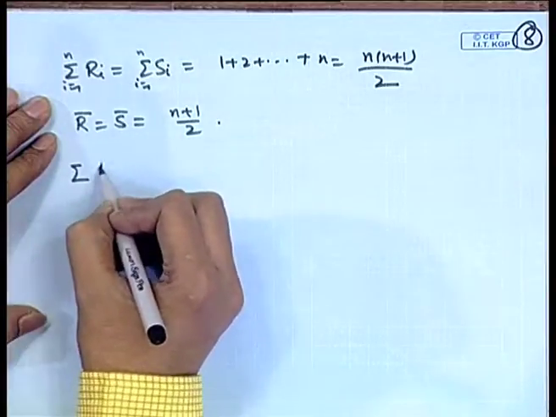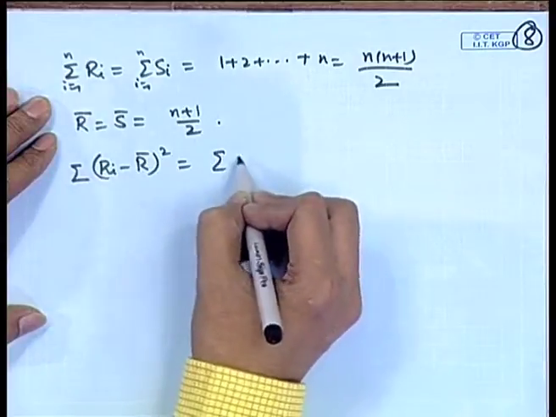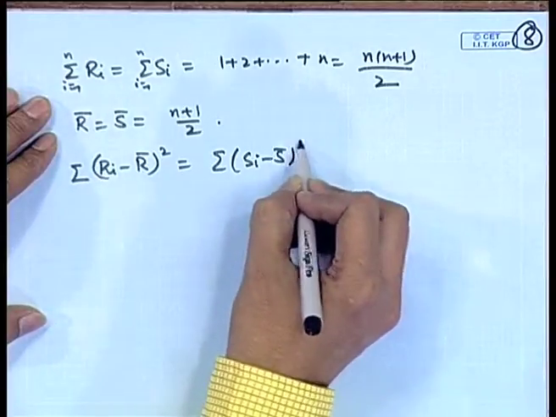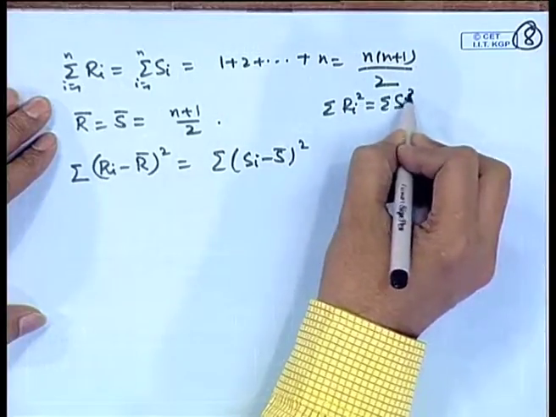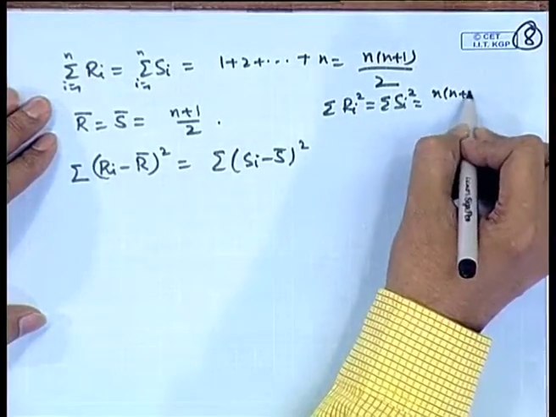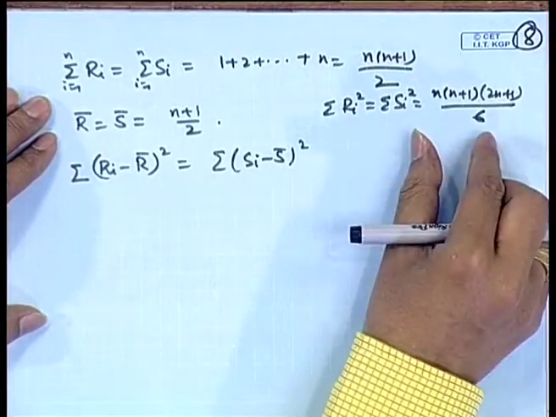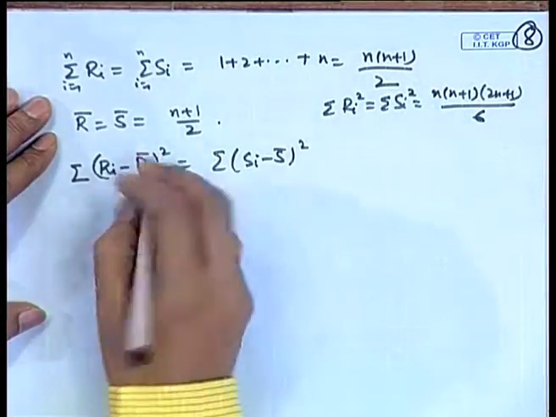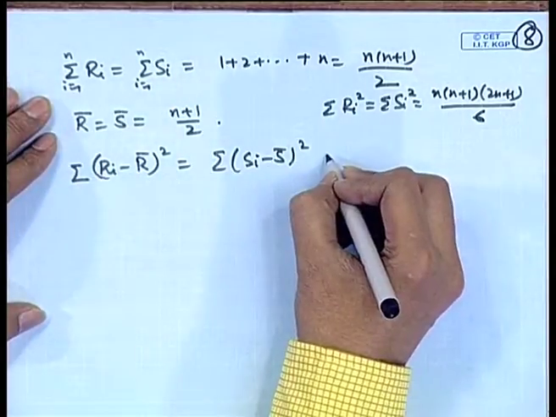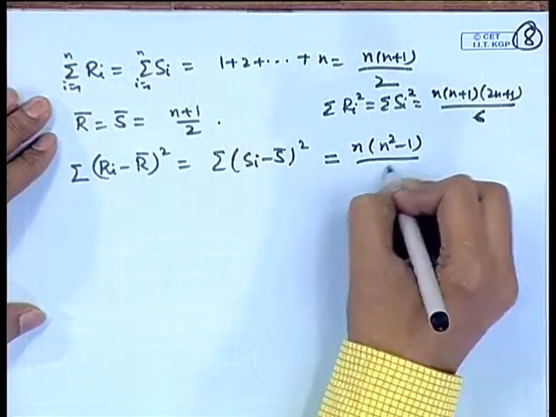Similarly, we can calculate sigma (Ri minus R bar) whole square or sigma (Si minus S bar) whole square, because sigma Ri square or sigma Si square will become n into (n plus 1) into (2n plus 1) by 6, that is the sum of squares of the first n integers. So, these values can be easily calculated, and it turns out that this is n into (n square minus 1) by 12.